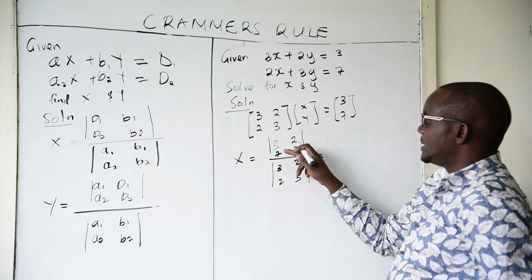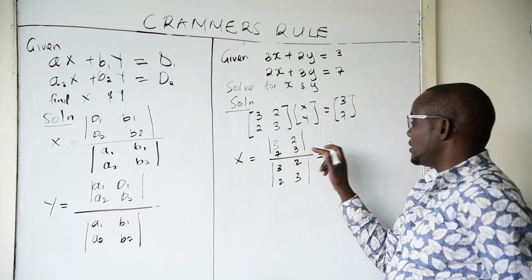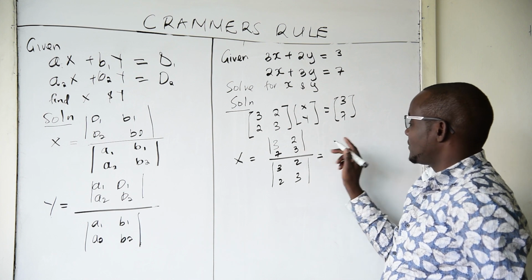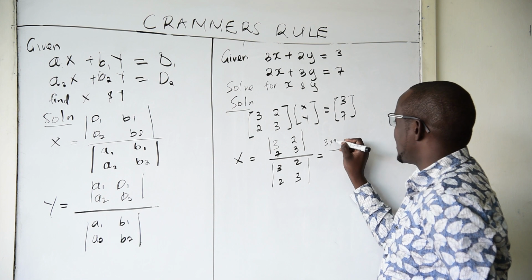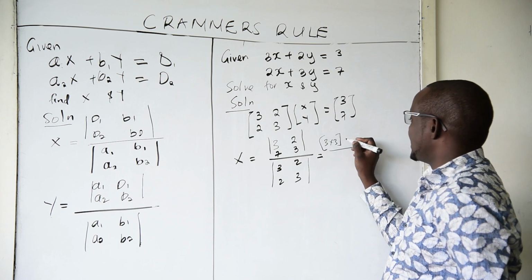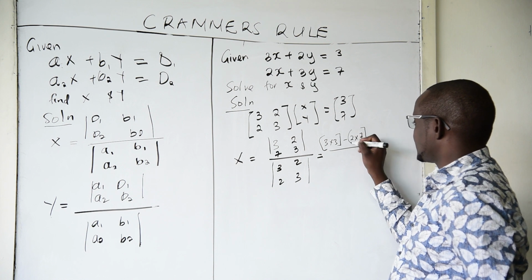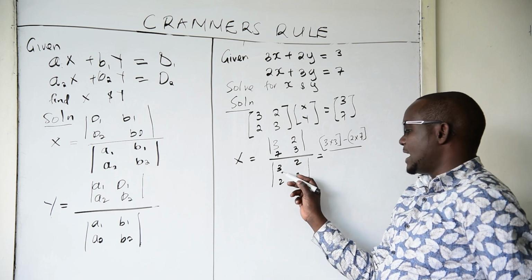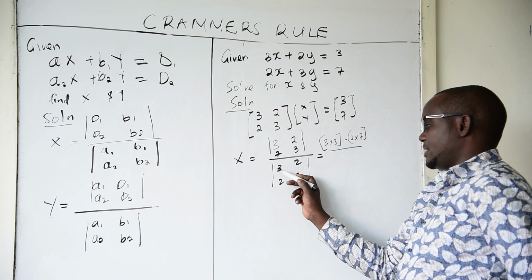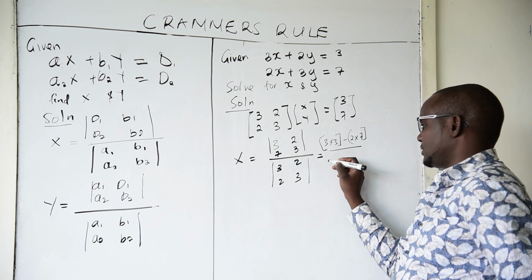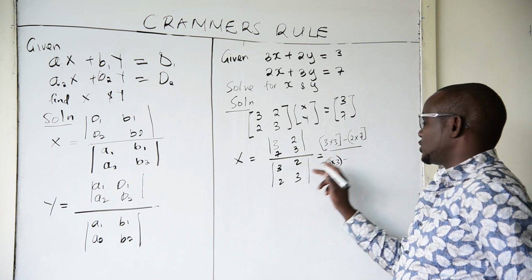To find the determinant of this, you take 3 multiplied by 3, which is 9. So here I have 3 multiplied by 3 minus 2 multiplied by 7. The denominator becomes 3 multiplied by 3 minus 2 multiplied by 2.